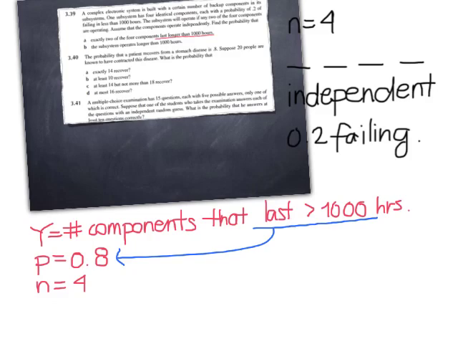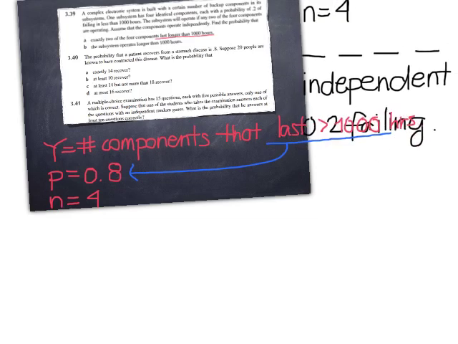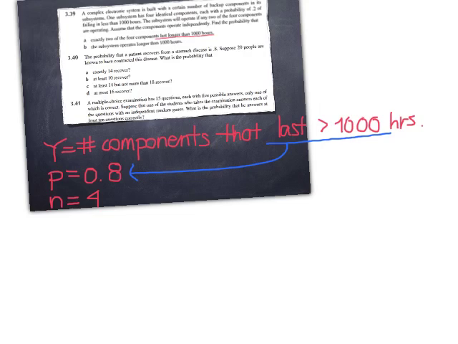So now we can use the formula. It says here for letter A, let me do this one. The first question says, what is the probability that exactly 2 of the 4 last more than 1000 hours.